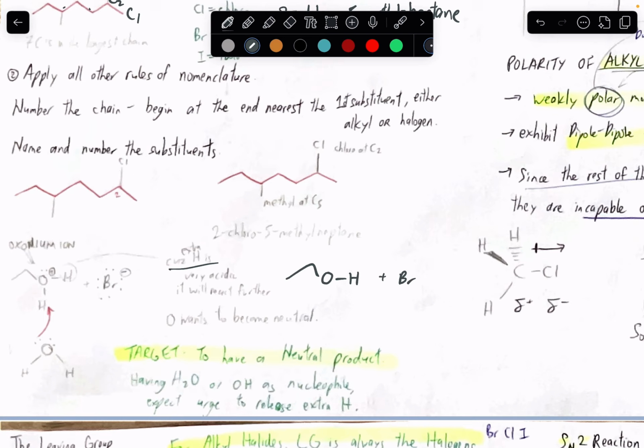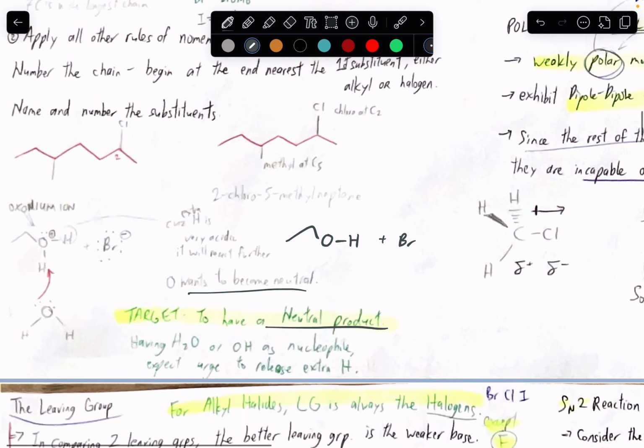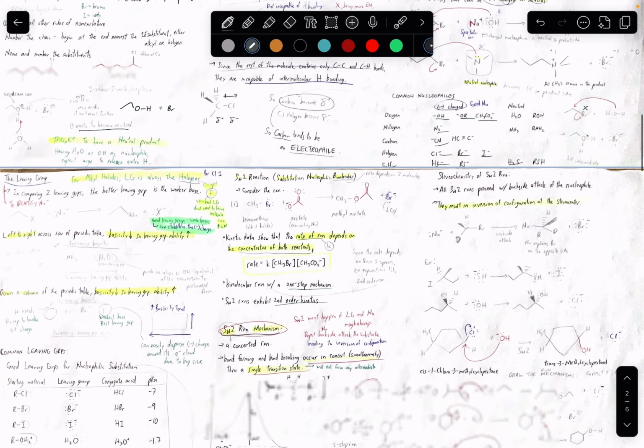The extra hydrogen is very acidic, so it will force the reaction. Basically, the oxygen wants to become neutral because it is oxonium. It is positively charged. The target is to have a neutral product. And having water or hydroxide as a nucleophile, you have to expect the urge to release an extra hydrogen. Okay?